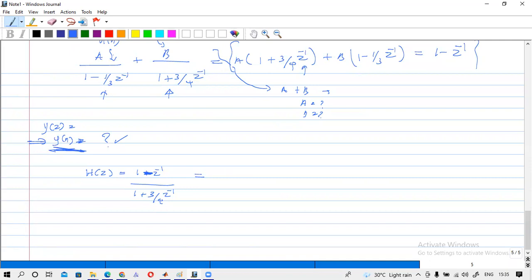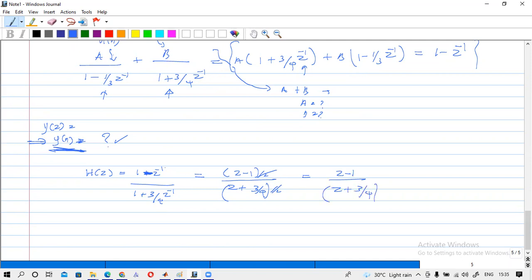You can write this as Z minus 1 divided by Z plus 3 by 4. So Z and Z will be cancelled out. Here you get Z and here you get Z, you cancel out and you will get this one: Z minus 1, Z plus 3 by 4.